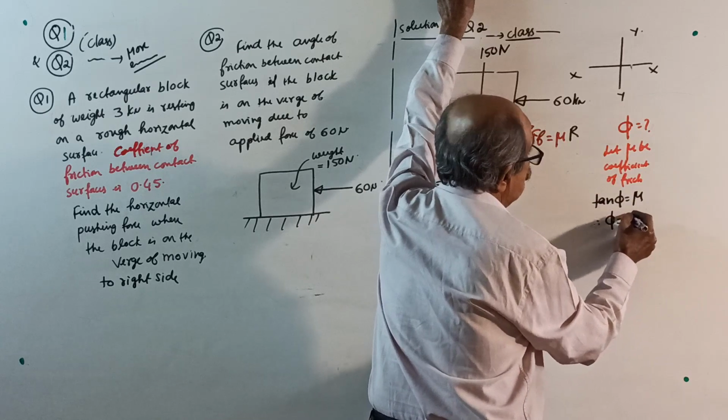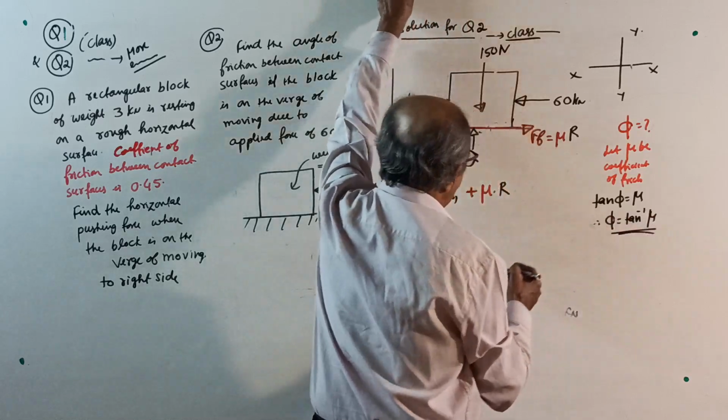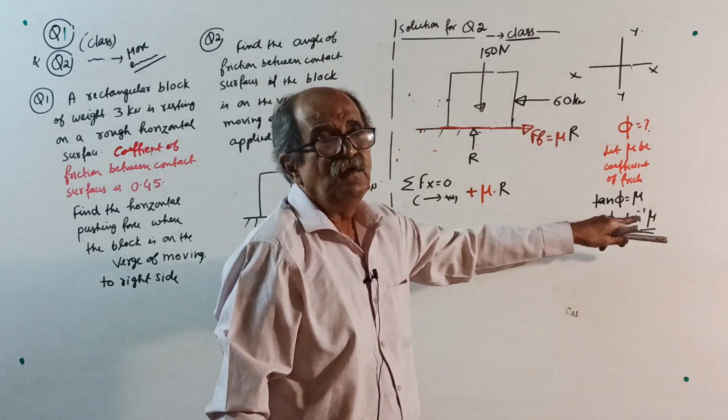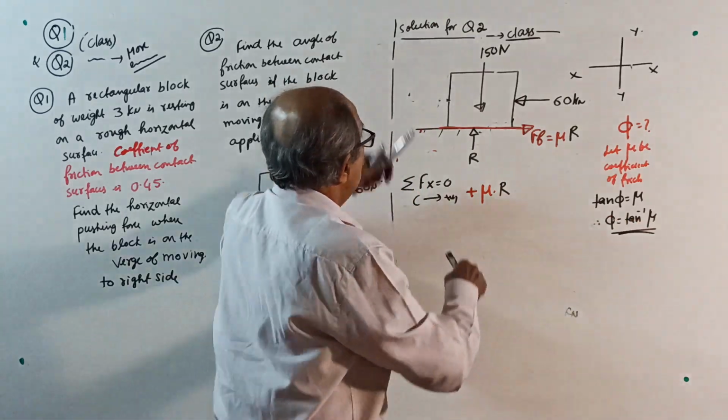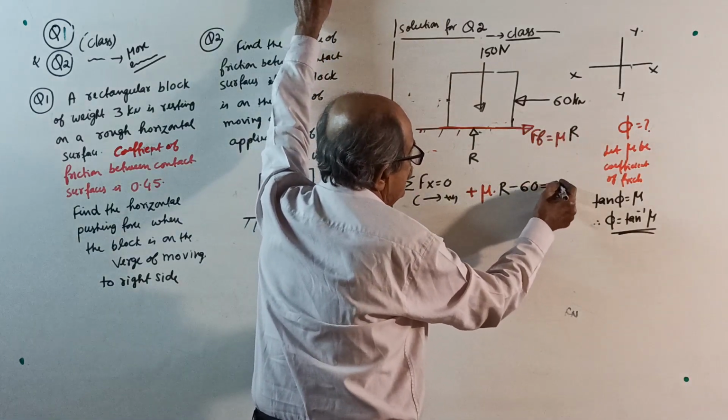So first find mu, then phi equal to tan inverse mu. Even though the question is to find the angle of friction phi, you first find mu only. Start: plus mu R minus 60 equal to 0.